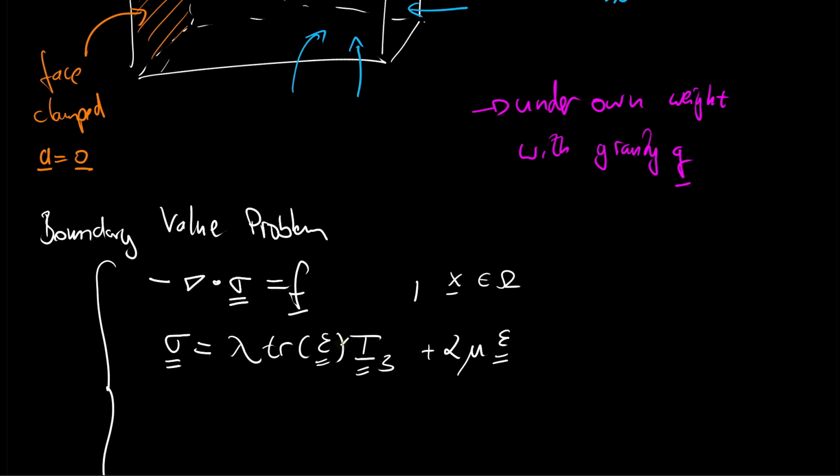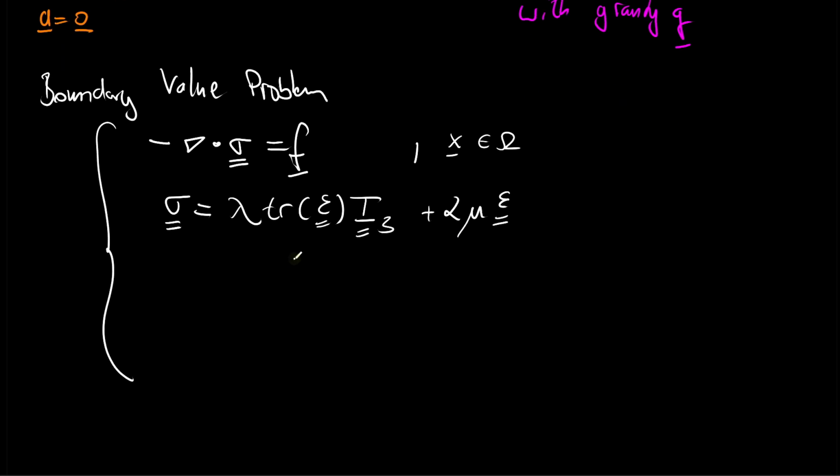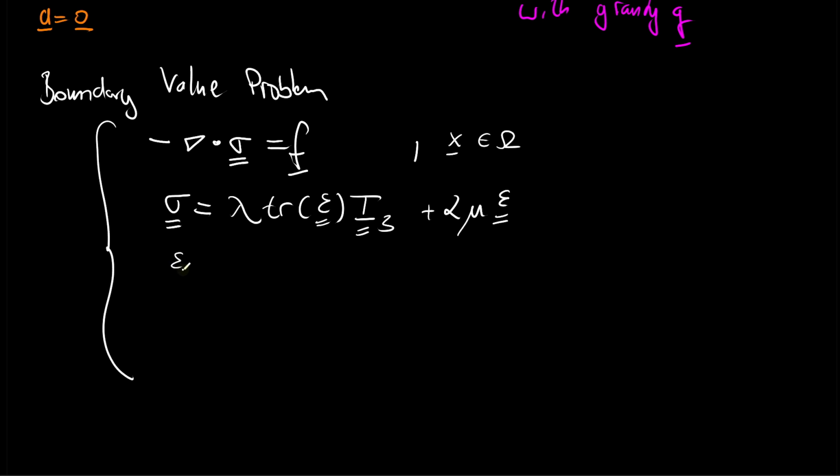But hey, there is still no u inside, because we have another equation which relates the displacements to the strains, and here we use engineering strains epsilon, and those are given as the symmetric part of the displacement gradient. So 1/2 of the gradient of u plus the gradient of u transpose. And now there we have it. So we have a relation from sigma all the way to u.